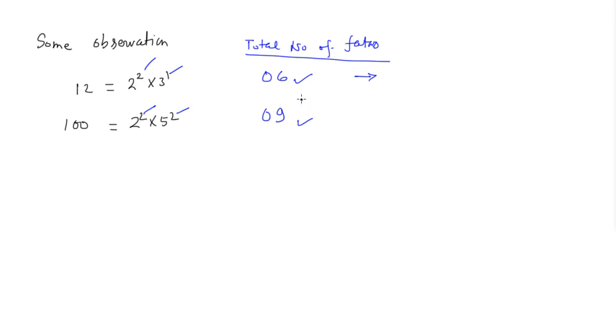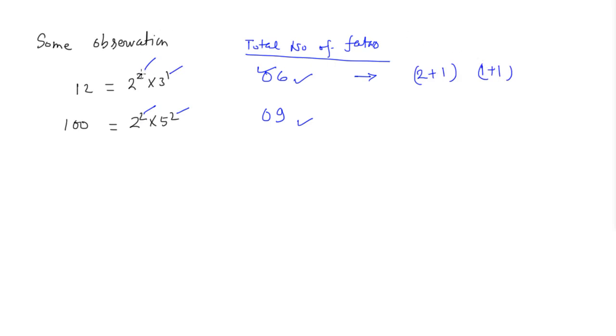So what is the relation between these quantities and the exponents of the primes involved in the factorization? If I find the product of successors of the exponents of the primes, what will we get? For 12, the exponents of 2 and 3 are 2 and 1, so the successors are 2 plus 1 and 1 plus 1.